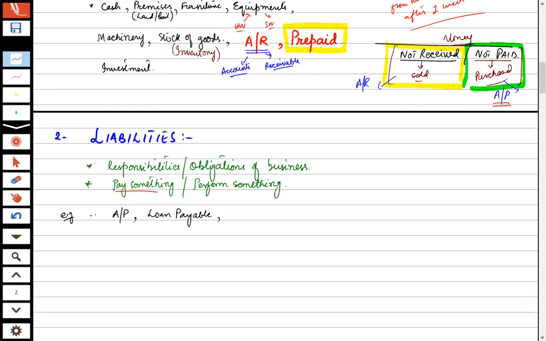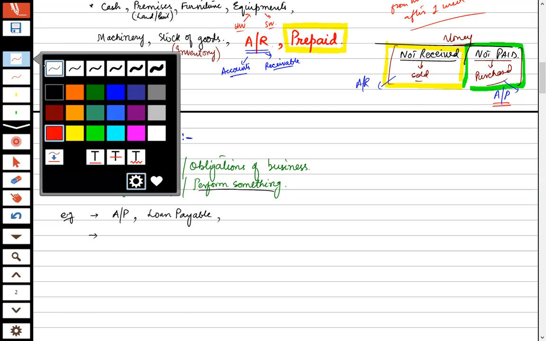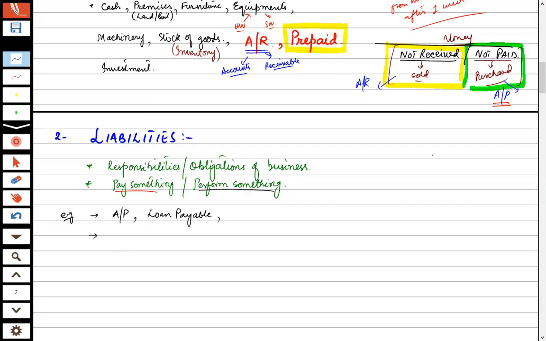Similarly, now see this thing: perform something. This usually happens in the service sector. Let's take an example. I have to perform something, or a business has to perform something. Let's suppose Mr. A is in the business of tailoring. What does he do?